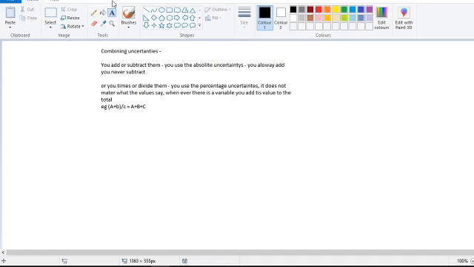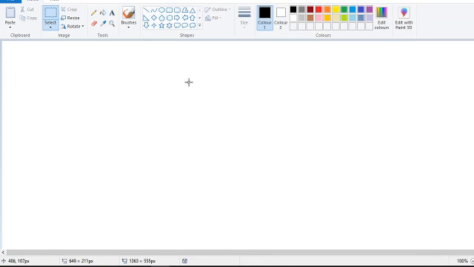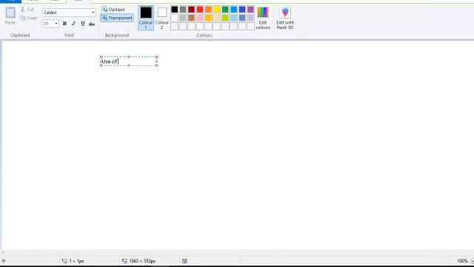Okay, and this is actually the last one of this. So it is graphs. Use of graphs. So first of all, we'll get the really easy one out of the way. That is the y-intercept.